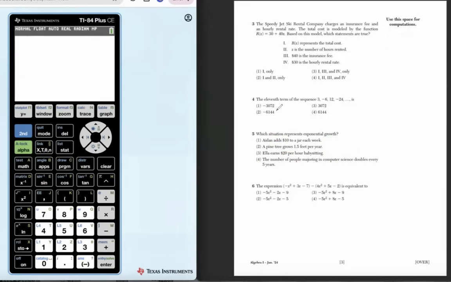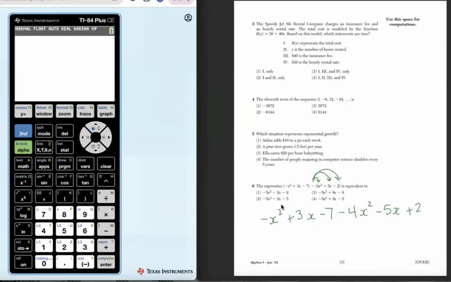Let's continue. Number 6, the expression negative x squared plus 3x minus 7 minus 4x squared plus 5x minus 2 is equivalent to, we are going to distribute the negative. When we distribute the negative, we now have negative x squared plus 3x minus 7 minus 4x squared minus 5x plus 2.